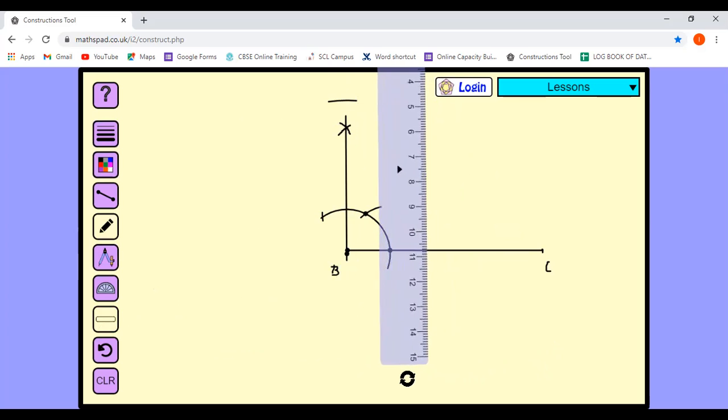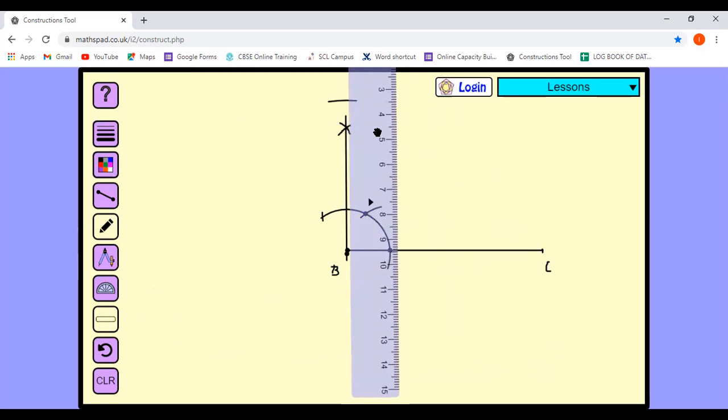Okay, so this point is A for us. All right. Now let us join A and C.